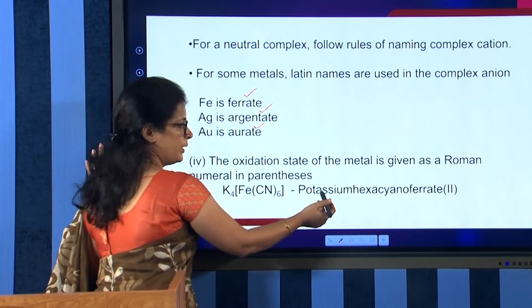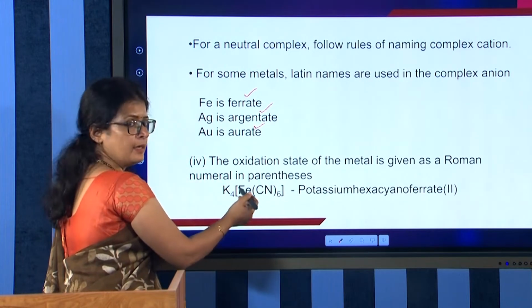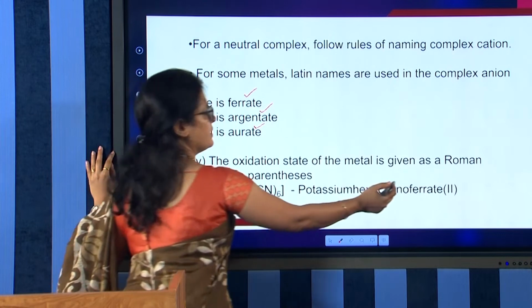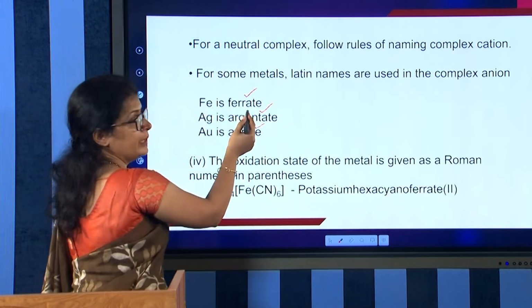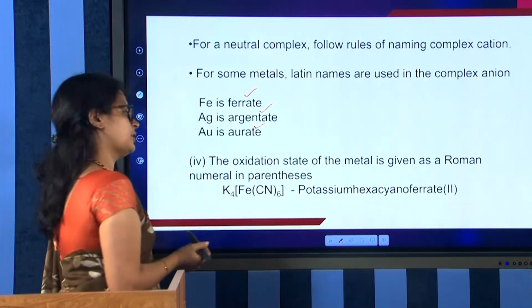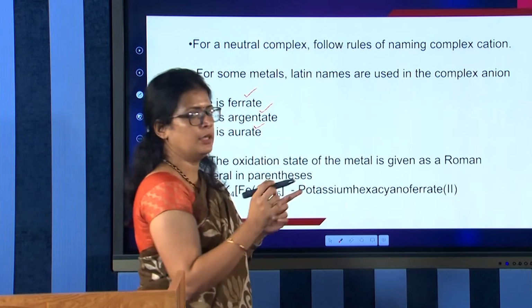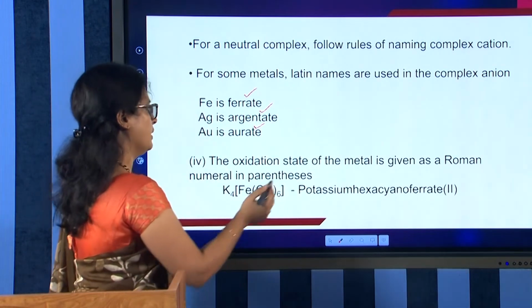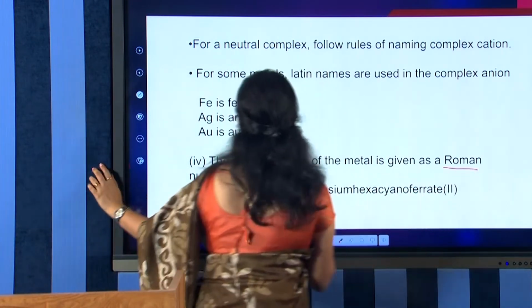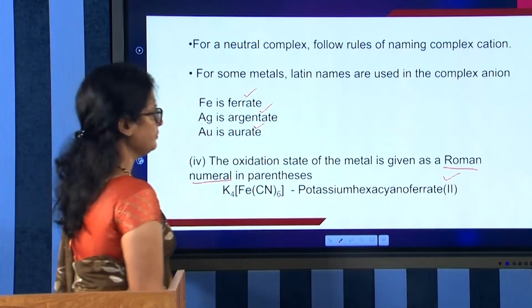So potassium hexacyano. Now we have iron as the central metal atom. It is ferrate, because iron should be named as ferrate, followed by the oxidation state of the central metal atom. It is 2 plus, so it should be written in parentheses as a Roman numeral.